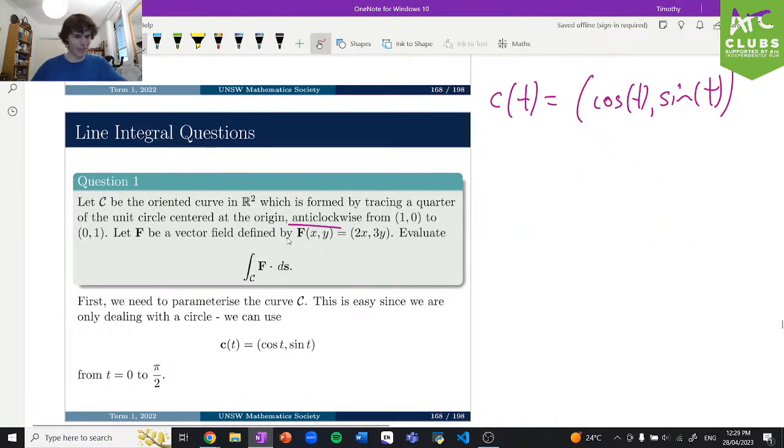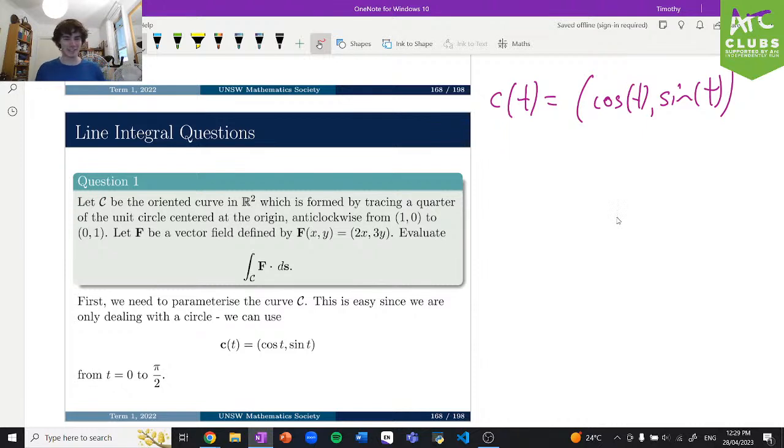I know we kind of whipped it out of nowhere here, but the way you come up with these parameterizations is usually, wow, it's a circle, let's use some cos and sine. If the circle doesn't have a radius of 1, then you put the radius out the front as well.